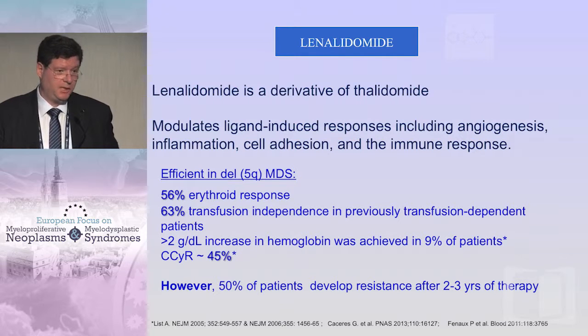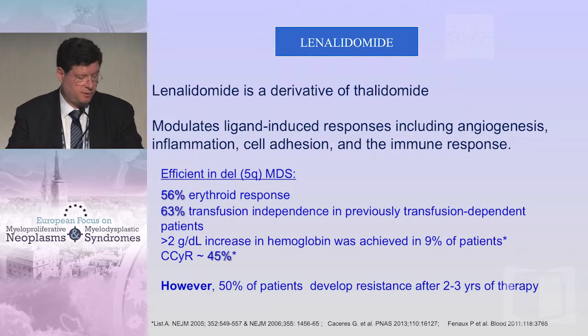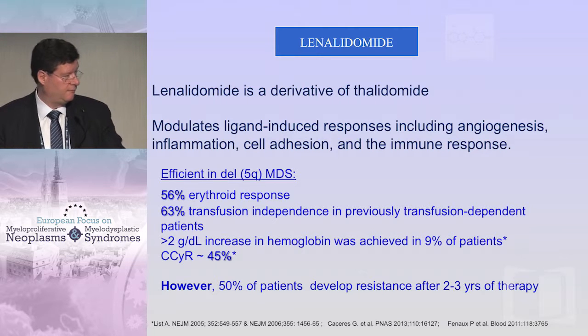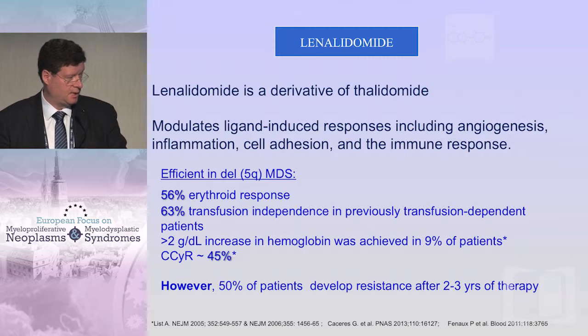Lenalidomide, as mentioned before, was described as an effective drug in 5q- MDS by Alan List, and this was later confirmed by many others, and we are today using this drug in the clinic for the treatment of 5q- MDS because it induces a significant erythroid response in patients. Patients who are transfusion dependent become independent.